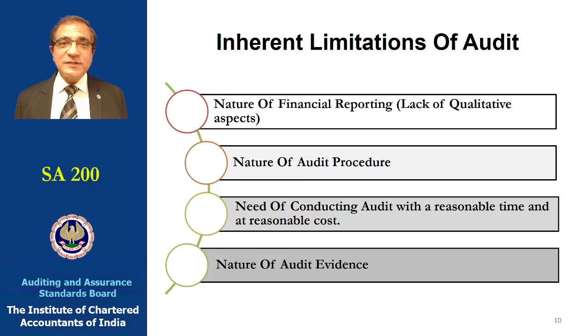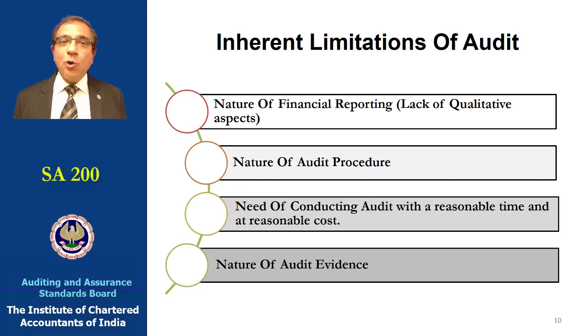Then there is the nature of the audit procedures. Some of the audit procedures could be comfortably carried out, some of them could not be comfortably carried out on account of want of audit evidence, and therefore the auditor needs to deep dive more where he does not have comfort, to make sure that he gets into alternate modes of evidence to derive the necessary comfort.